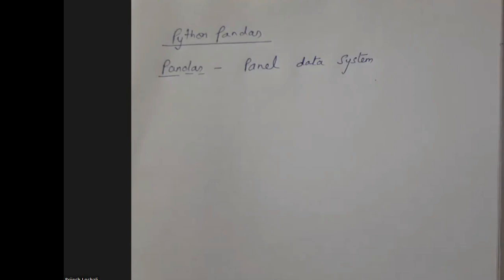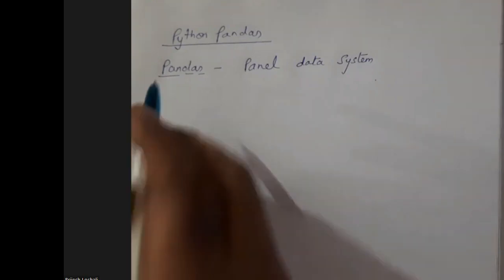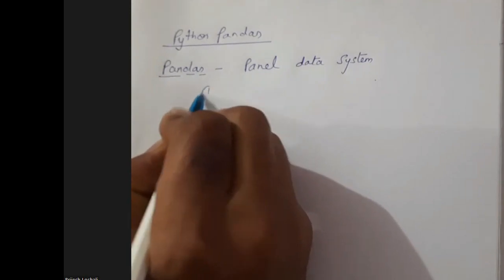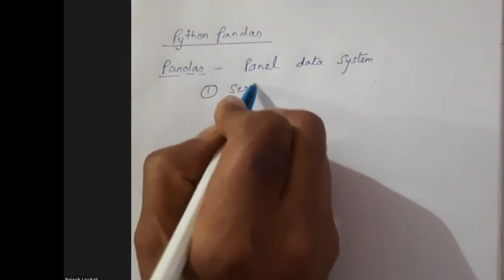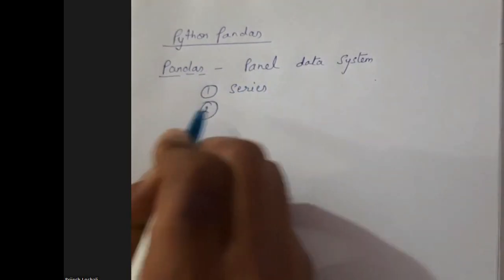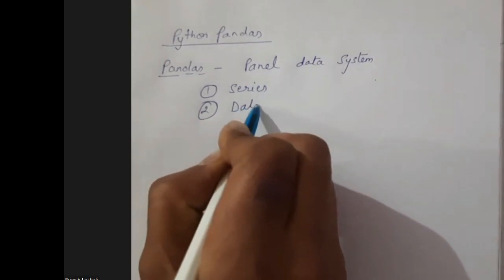That's why Pandas helps you to present the data in visual form. In this Pandas library, we will learn about series and data frame. These two things we are going to learn. The first is series, and second we are going to learn about data frame.